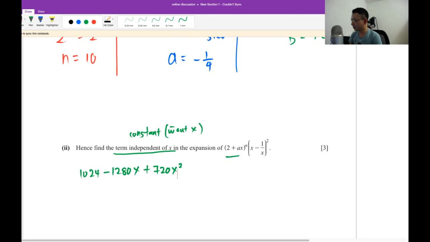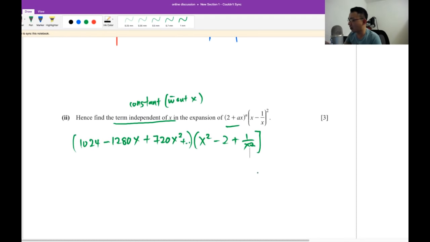Yeah. So this one, I'm going to multiply. Of course, you still have some other terms at the back here. So I'm going to expand this one. This one will give me x squared minus 2 plus 1 over x squared. So in order to get the independent of x, meaning the constant, I will only multiply the constant with the constant.